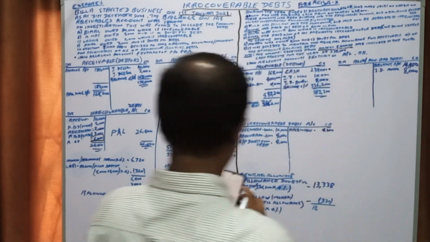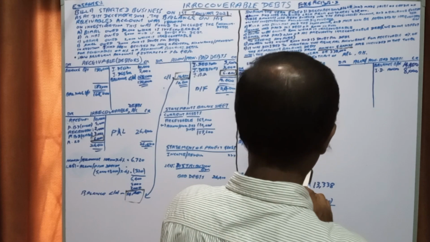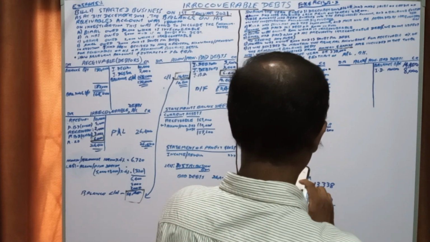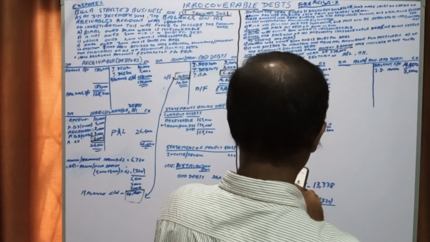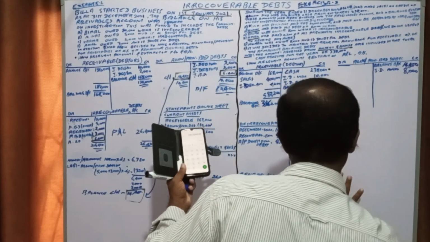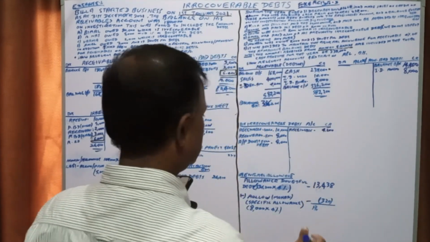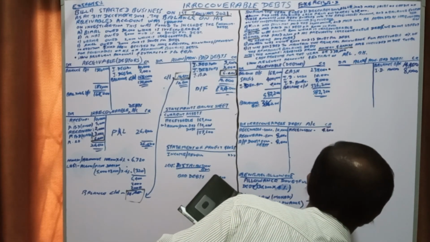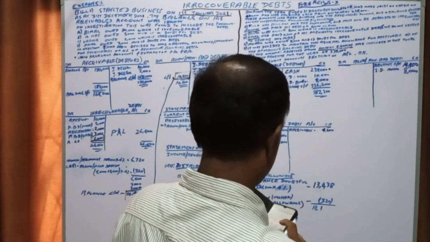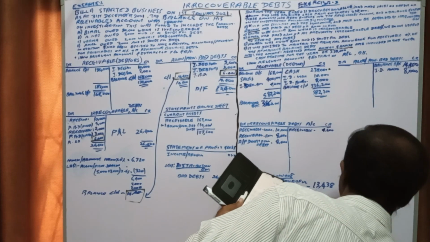Okay. Then 13,400. Wait. 3 lakh and 336,200 into 0.4, that is 13,438. 13,438 minus 320, 13,128.